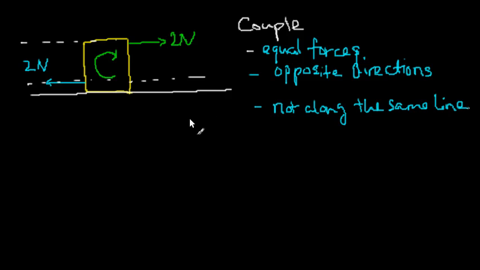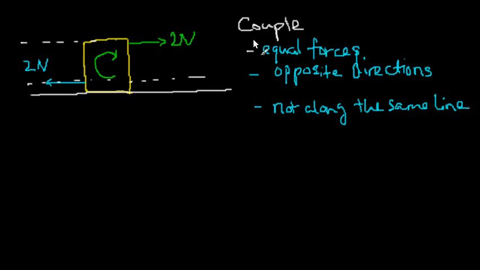So here we are. The next thing we like to do is to have some way to calculate the size of the couple. So what that means is that for example, if instead of 2 newtons I have 3 newtons, then obviously there will be a stronger rotational effect.